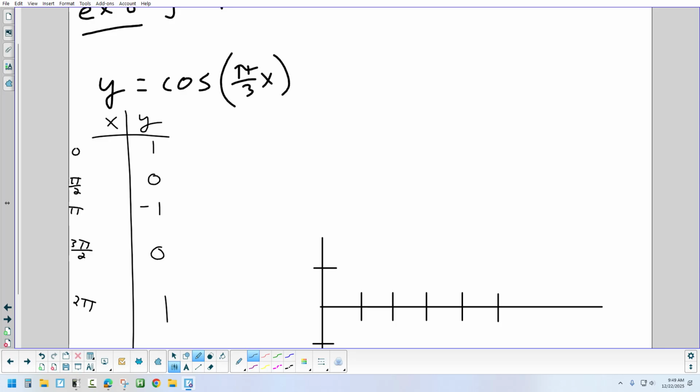Right, we can either divide them all by b, but b is a fraction, so I'm going to think of it as multiplying them all by 3 over pi. It might look like that's going to be messy, but it's actually not.